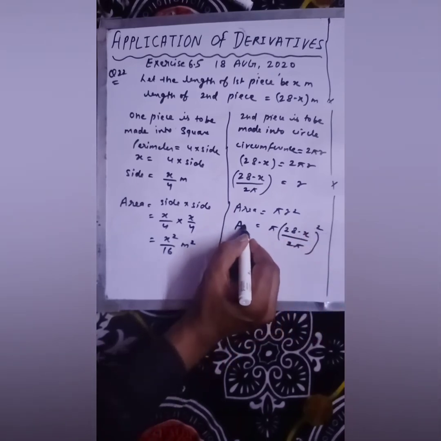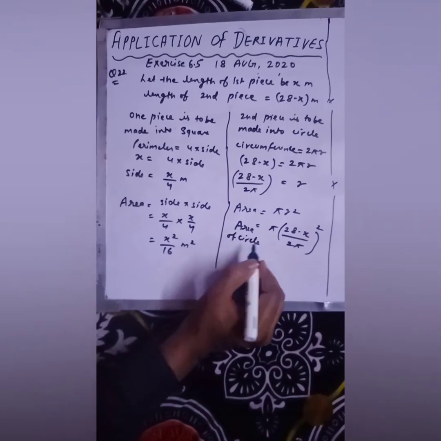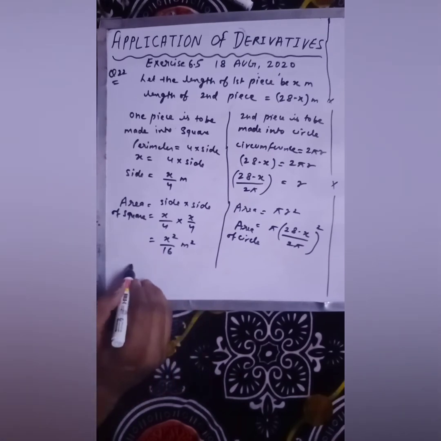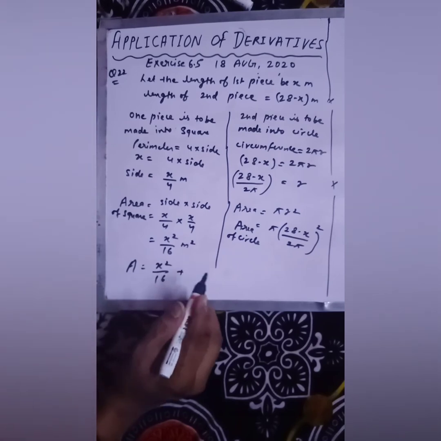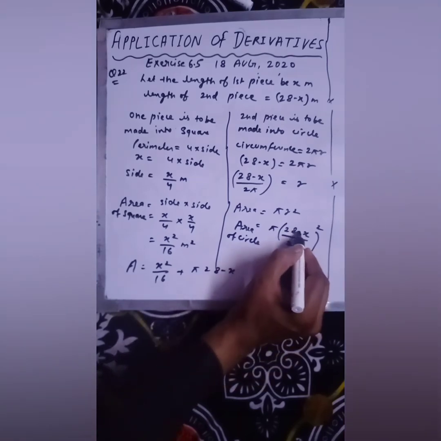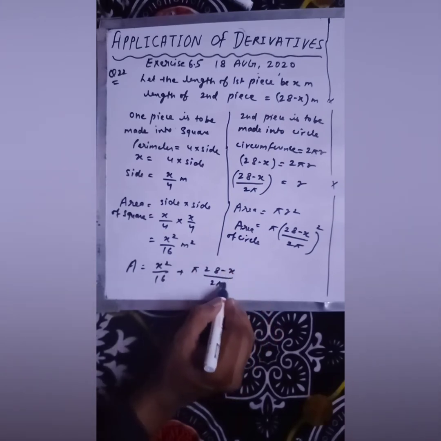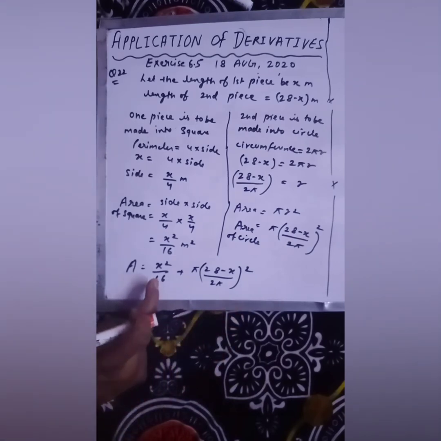This is the area of the circle, and this is the area of the square. So the combined area is x square upon 16 plus pi times (28 minus x over 2 pi) whole square. So this is the combined area of both square and circle. Got it?